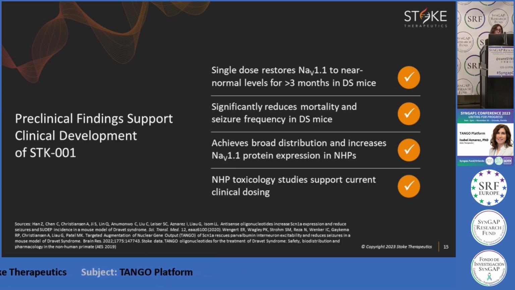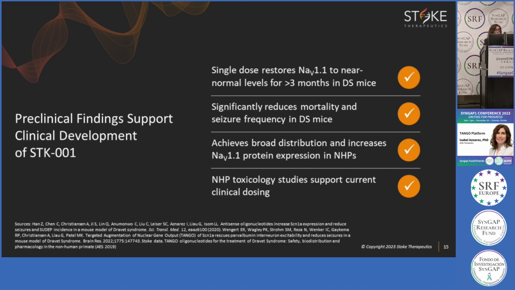I haven't shown you this data, but in non-human primates, when we tested this STK001 ASO, we saw a very broad distribution in the brain, and we administered it in the same way that we're treating patients right now, which is via intrathecal administration by lumbar puncture. In NHP, we're also able to see upregulation of NaV1.1.